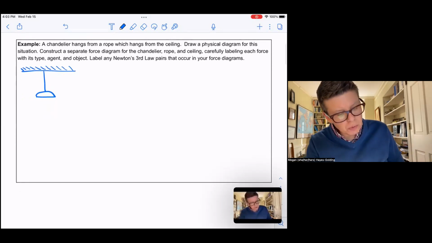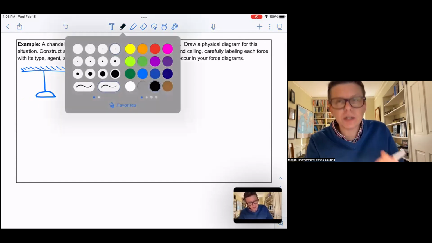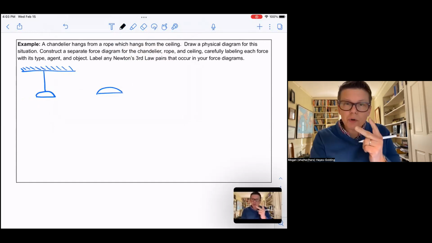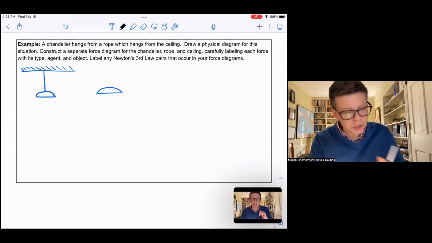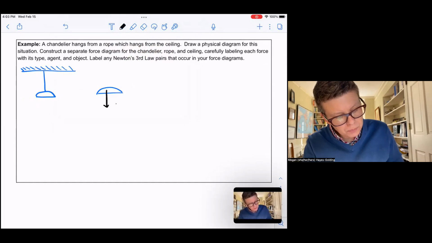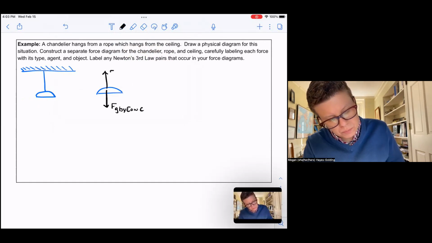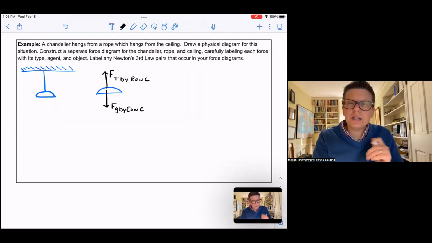So let's first start with the chandelier. For the chandelier here, I need to recognize that there are two forces, two interactions happening on the chandelier. I hesitated there for a moment.